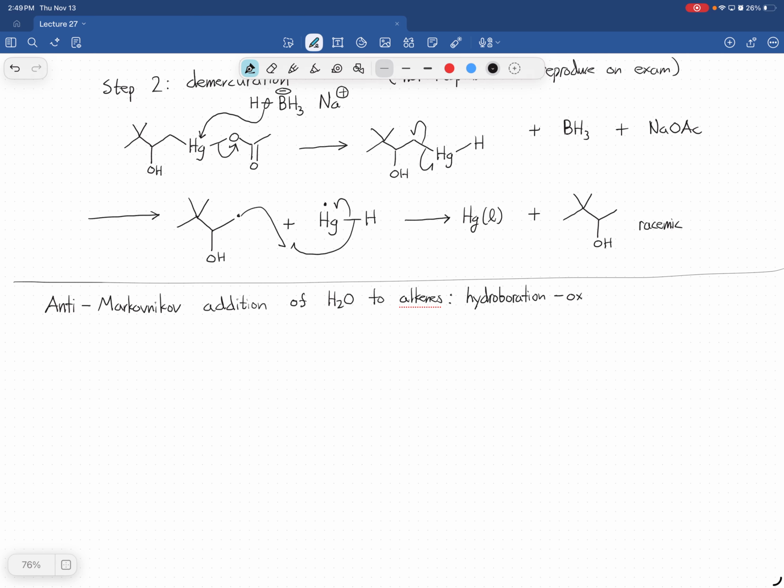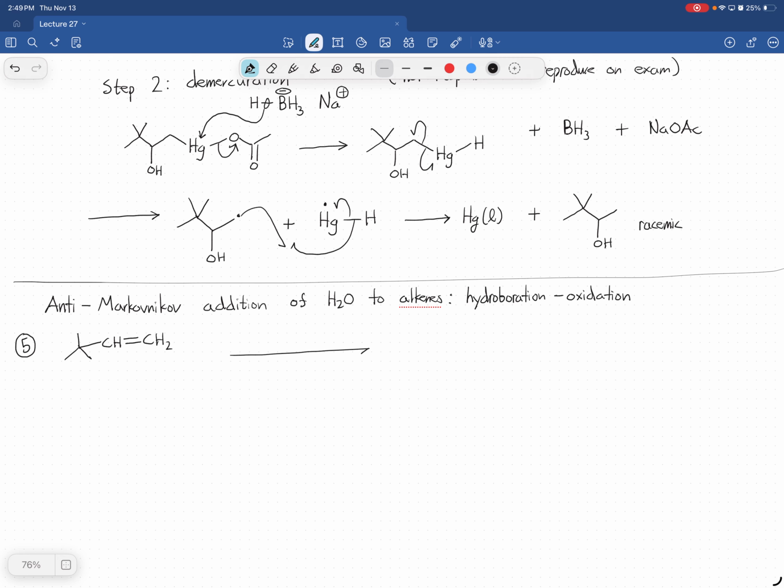So a way to do opposite regioselectivity, you do a hydroboration-oxidation, okay? So here's our fifth reaction of alkenes. So what happens here is that you have an alkene, okay, let's use the one we have been using, this tert-butyl substituted terminal alkene.